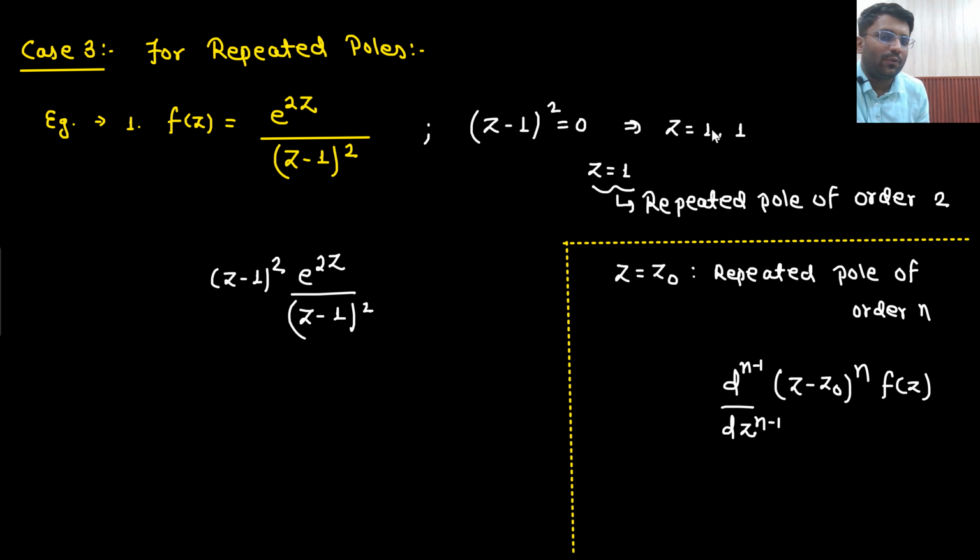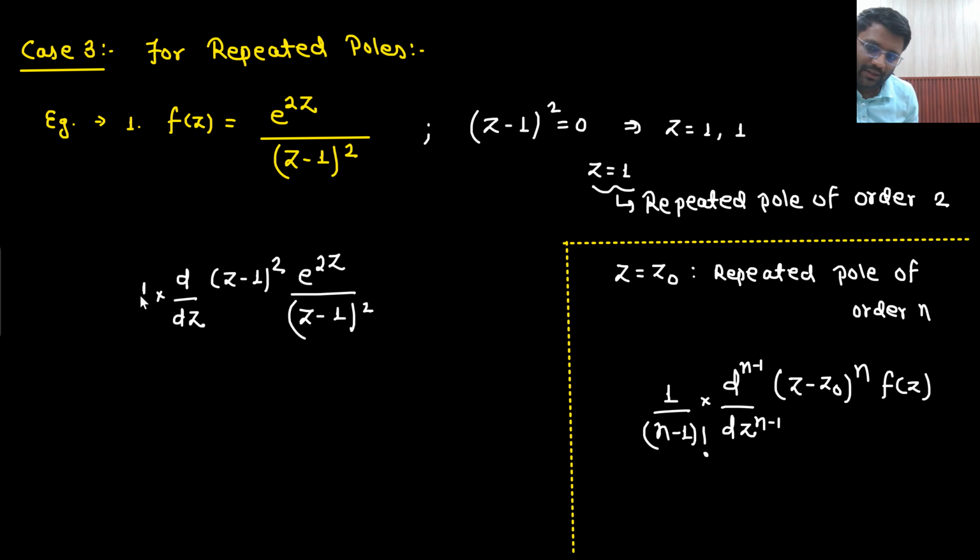Now it is the pole of order 2. So power is 2 here. So I will differentiate 1 time. And as much time as you have differentiated, you will divide by that factorial. I have differentiated 1 time. Here there is power 2, so I have differentiated 1 time.